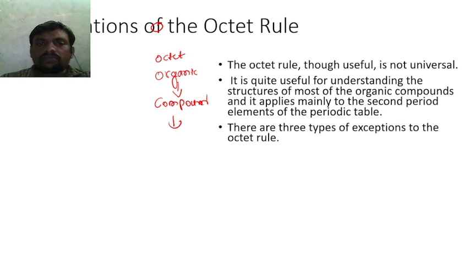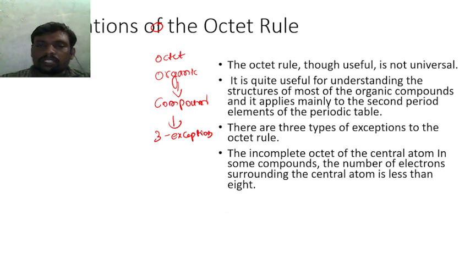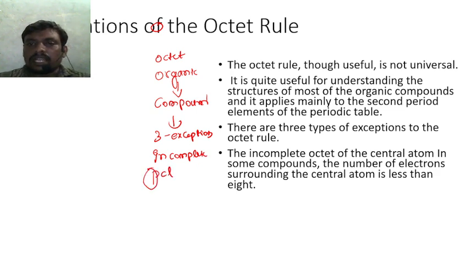In case of exceptions, there are 3 major exceptions or limitations for this octet rule. The first is the incomplete octet. What do you mean by incomplete octet? In some compounds, the number of electrons surrounding the central atom is less than 8.